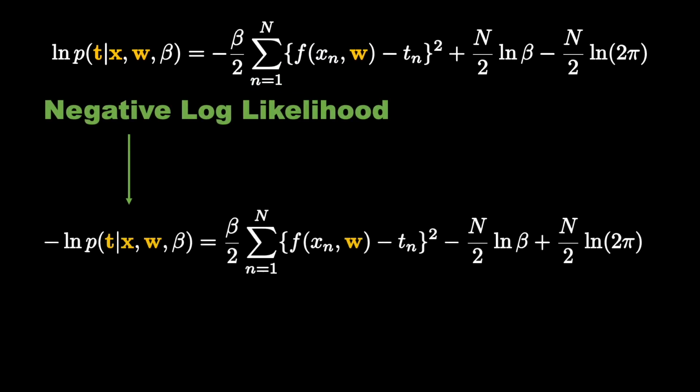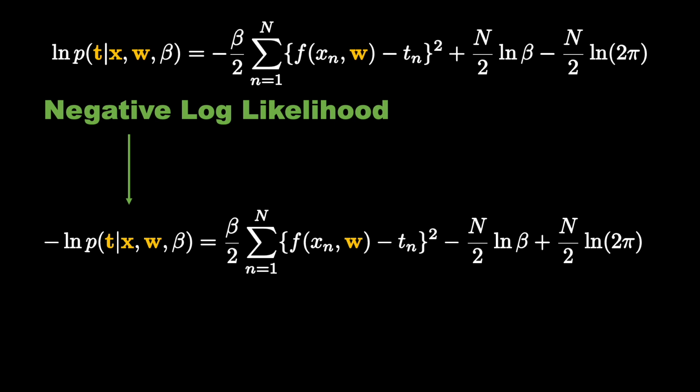One more modification we need to make to our log likelihood formulation is that we put a negative sign in front of it. Because of this, I have adjusted the right hand side as well. We do this because now we can use the minimization procedure to find the stationary point. Instead of maximizing the log likelihood, we do the minimization of negative log likelihood.